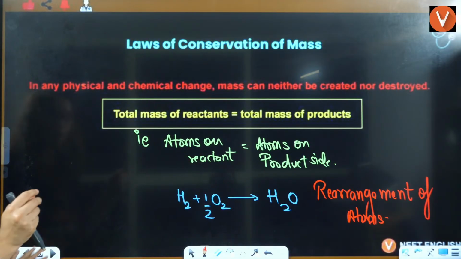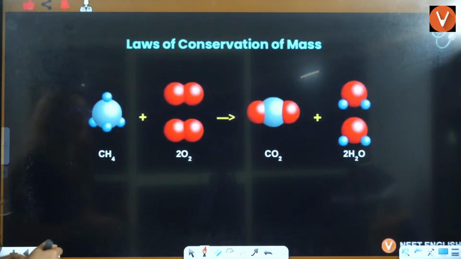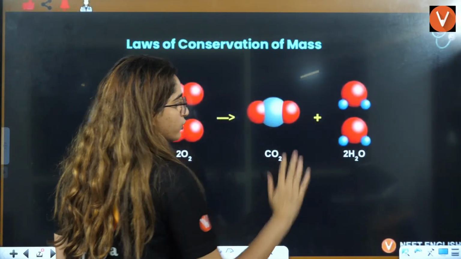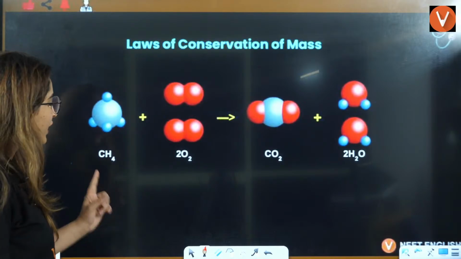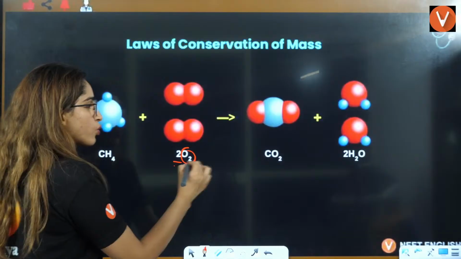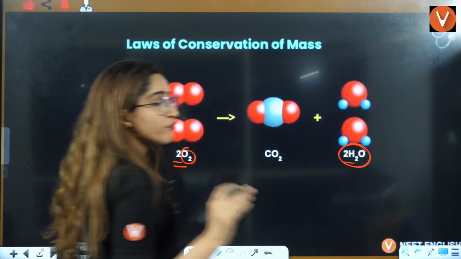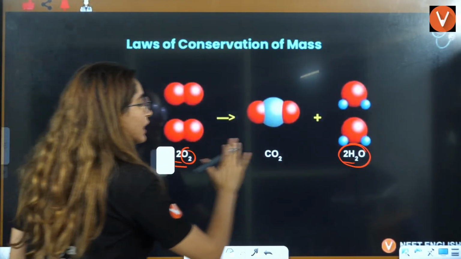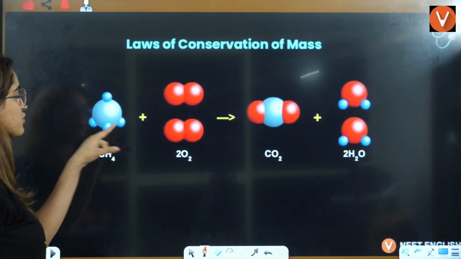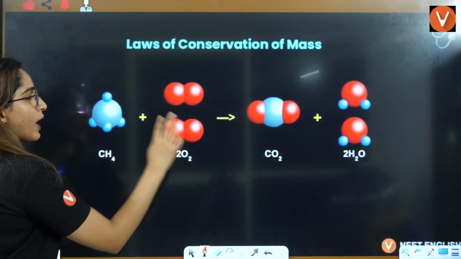Okay, now if I say that this is CH4, this is 2O2, this is CO2 and 2H2O. Now we have balanced this equation by multiplying O2 with 2 and H2O with 2. And can you see there is rearrangement of the atoms? Here you have CH4 and here you have O2 and O2.